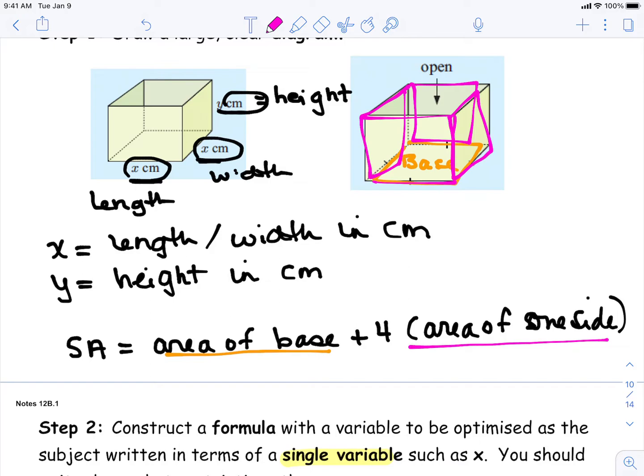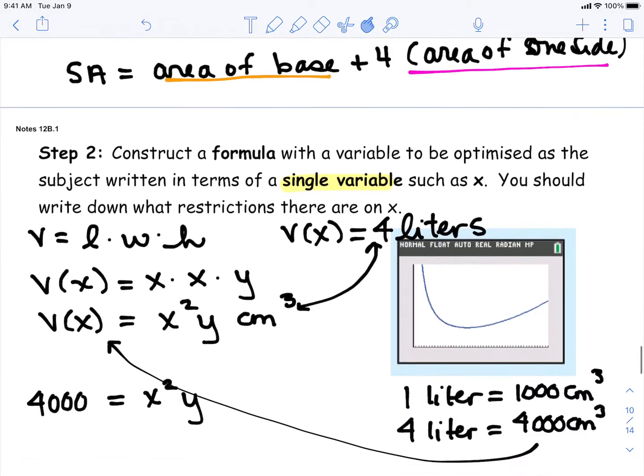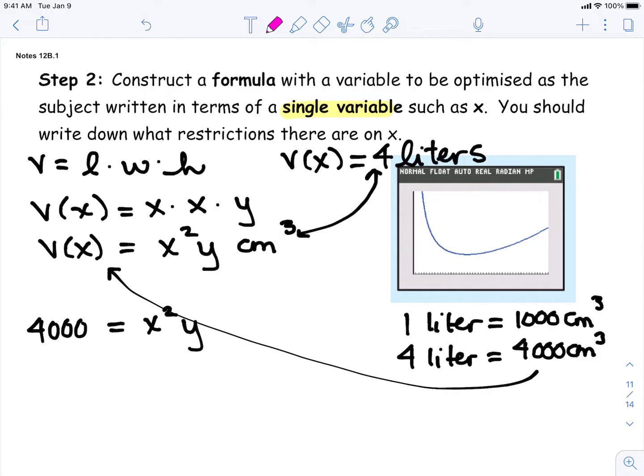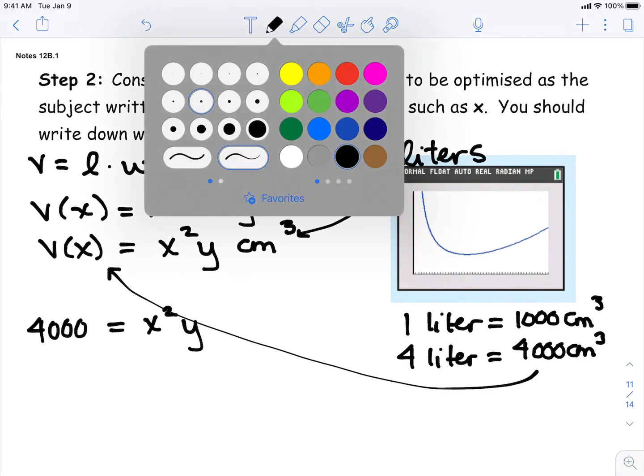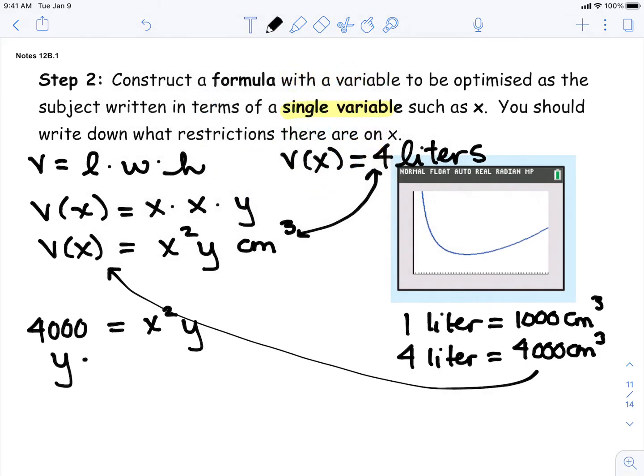What we have to do is convert one to the other. So I'm going to solve this equation down here for y. y equals, and I'm going to divide both sides by x squared, so I'm isolating that y.